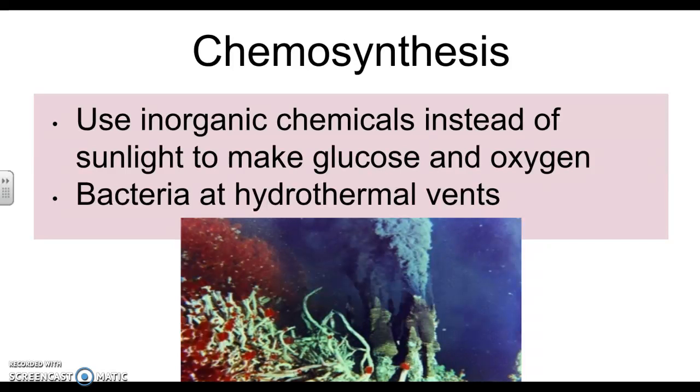The bacteria are going to live inside the bloodworm, and they're going to collect that hydrogen sulfide from the hydrothermal vent, and they're going to produce the food for the bloodworm. So then the bacteria becomes the producer, the bloodworm becomes the primary consumer, and it's going to consume the food from the bacteria.